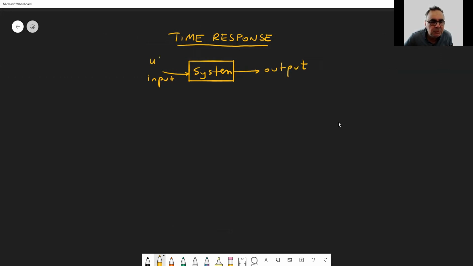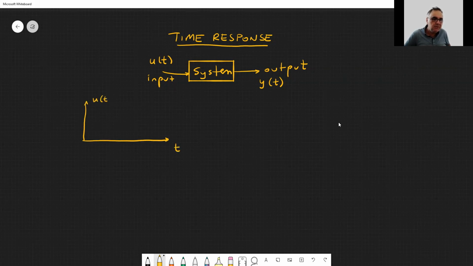Input, usually we call it u of t, and the output we call it y of t. The system is described by a differential equation or by a transfer function. They are equivalent. So the input is something that changes over time.